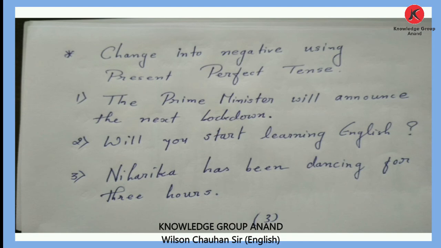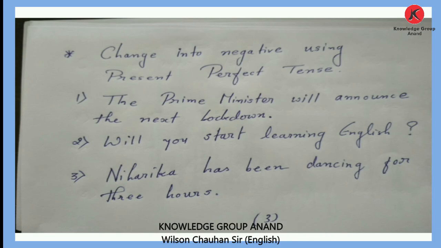You have to change it into present perfect tense, making it negative. Third one is Niharika has been dancing for 3 hours. This sentence is in present perfect continuous tense, and now you have to make it negative using present perfect tense.